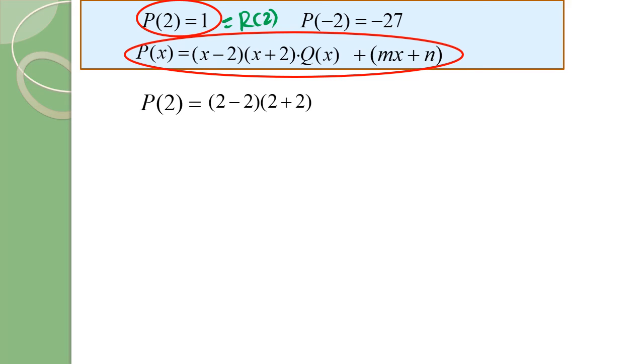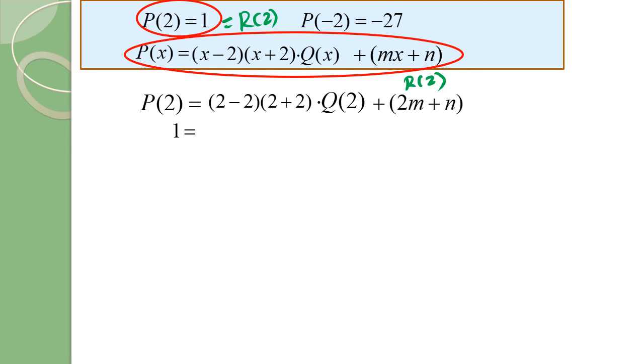What is P(2)? We substitute that value: (2 minus 2)(2 plus 2) Q(2) plus 2m plus n. We know P(2) is equal to 1 because we found it earlier.